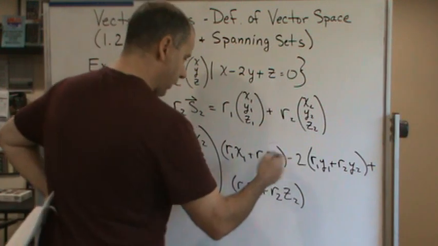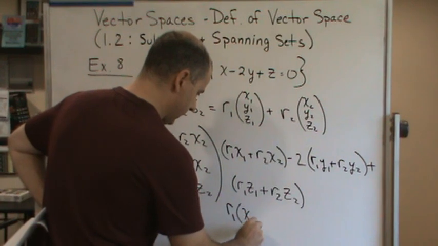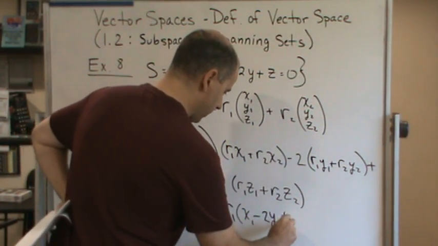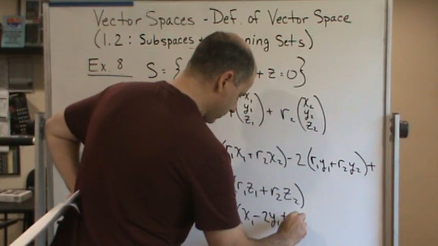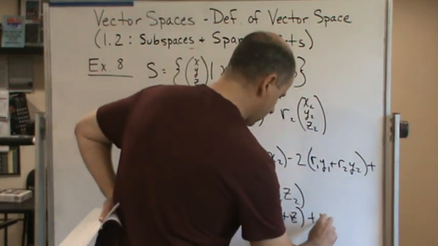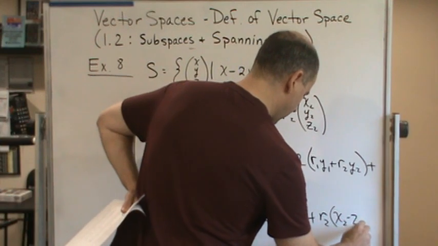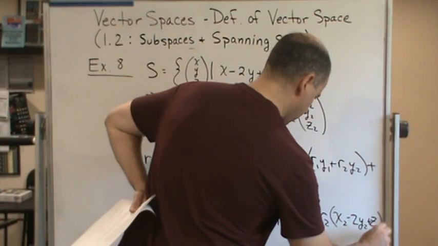If we rearrange, we're going to get R1 times the quantity X1 minus 2 Y1 plus Z1, plus R2 times X2 minus 2 Y2 plus Z2.